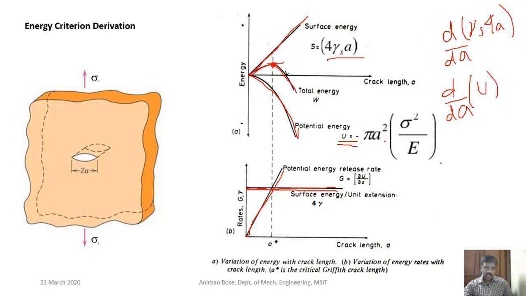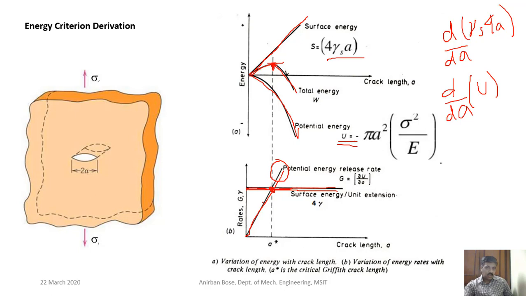If you differentiate this one, it will be 2 into something like that. So this is its rate. The criterion is that if the rate of strain energy is more than the rate of surface energy required, then the crack will propagate, and that will happen at this point, when this will be maximum.